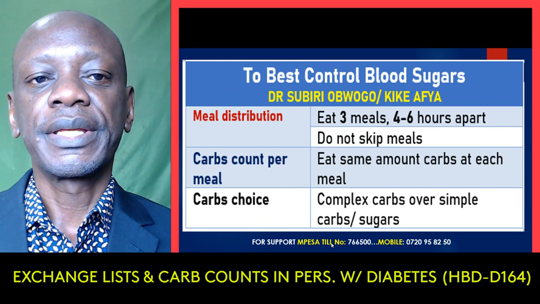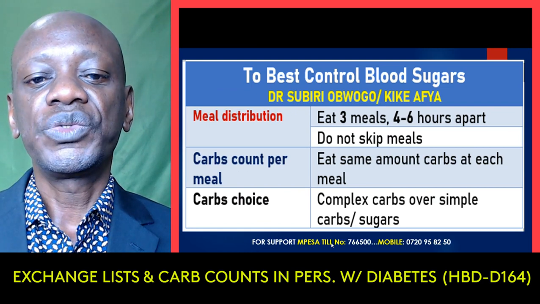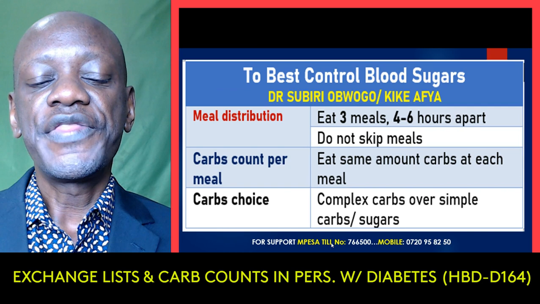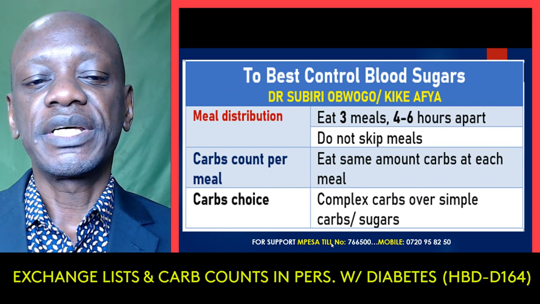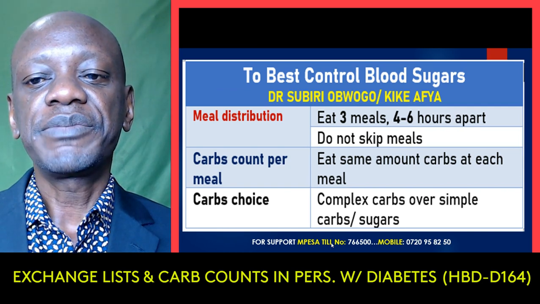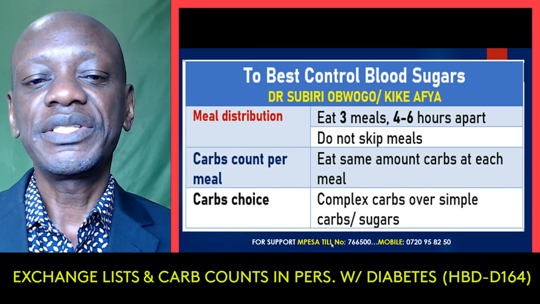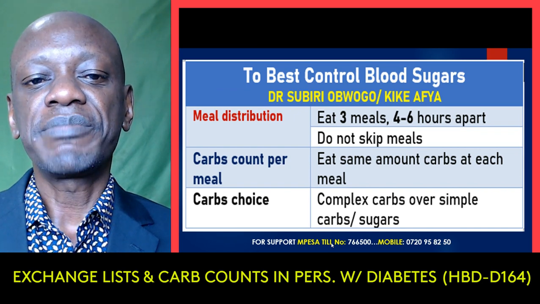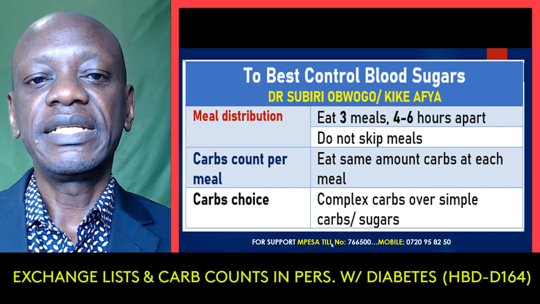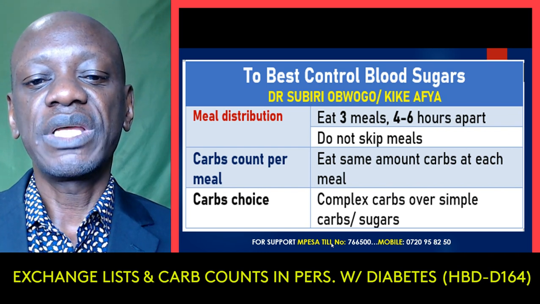Now, in terms of controlling blood sugar using diet, there are three very important principles. The first principle is you need to know how many calories you are consuming per day. This differs from person to person, and it depends on things like whether I want to lose weight or not, as well as how active I am.